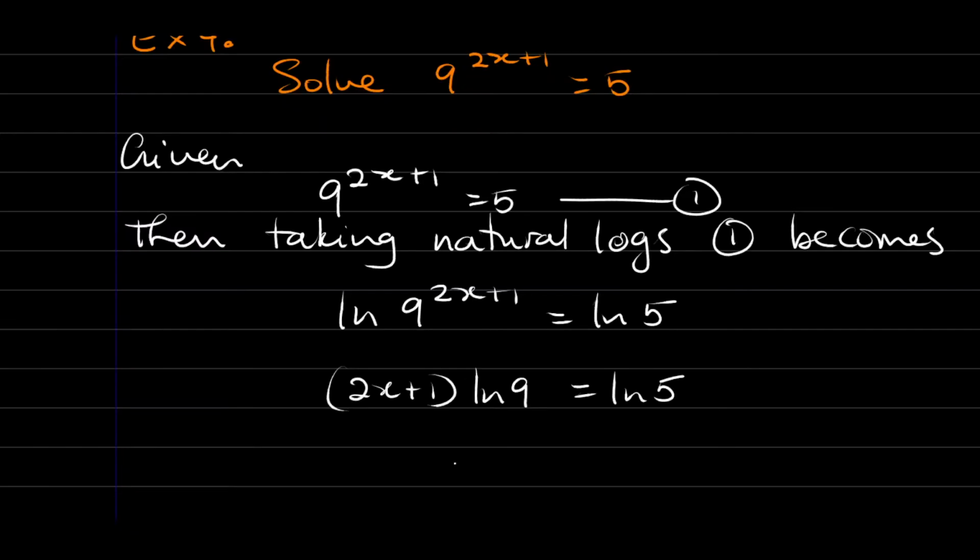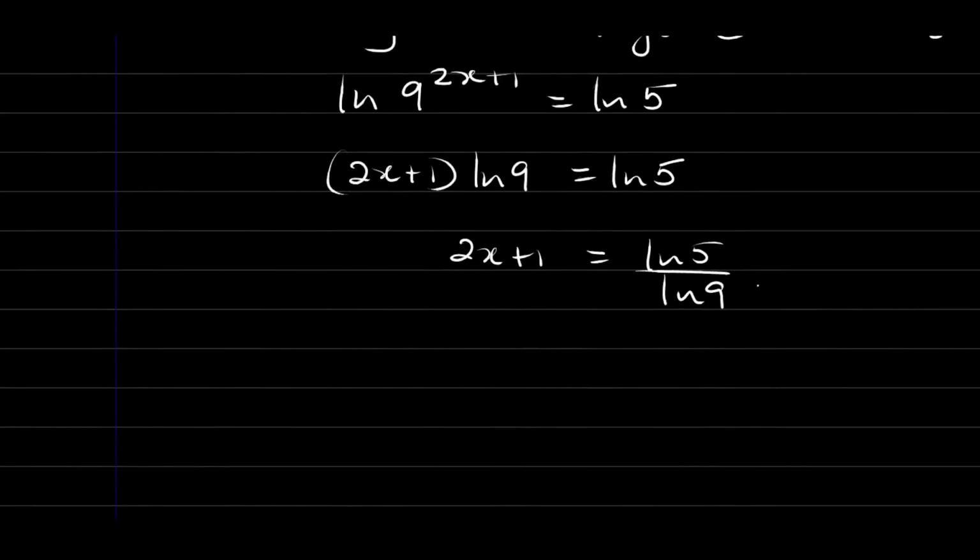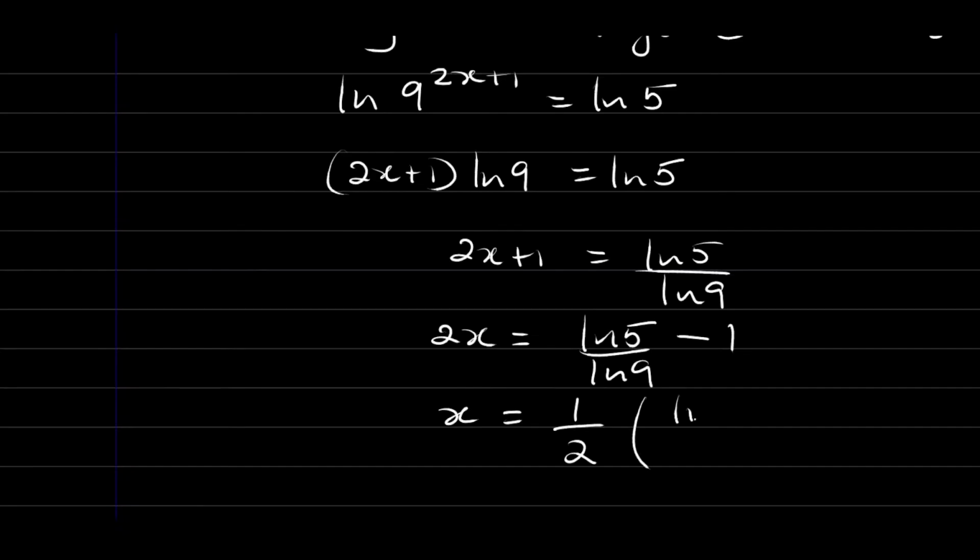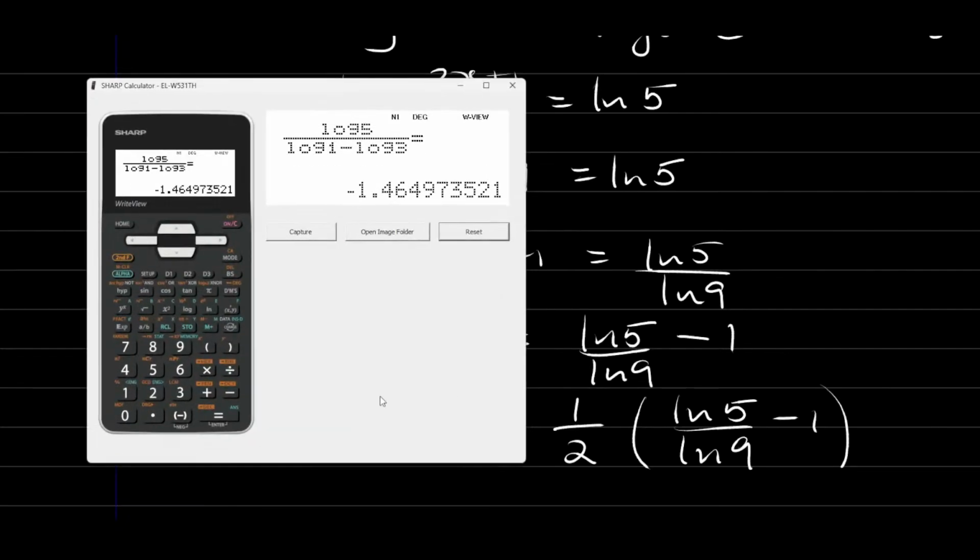Then 2x plus 1 equal to ln of 5 over ln of 9, and then minus 1 from both sides, so 2x is equal to ln of 5 over ln of 9 minus 1, and then half of both sides, so x would be equal to a half times (ln of 5 over ln of 9 minus 1). And that would be able to give me the answer.